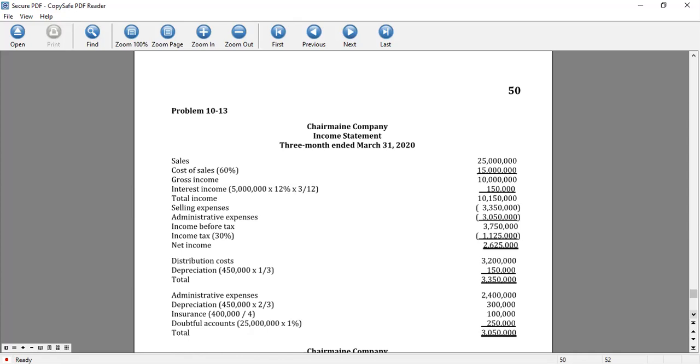On January 1, 2020, the entity purchased a one-year insurance policy, debiting the payment to prepaid insurance. So we debit prepaid insurance and credit cash. In the trial balance, prepaid insurance has a balance of 400,000.